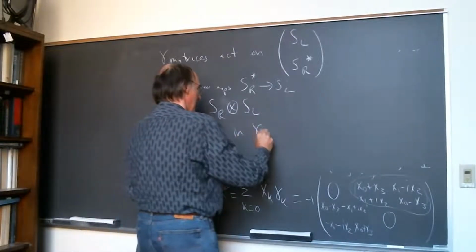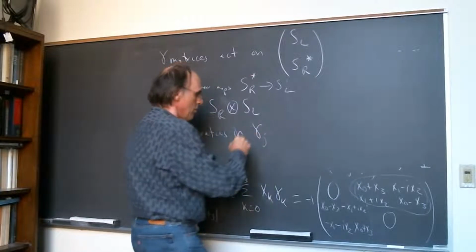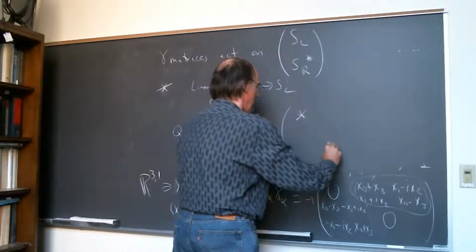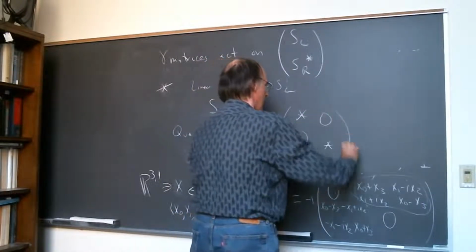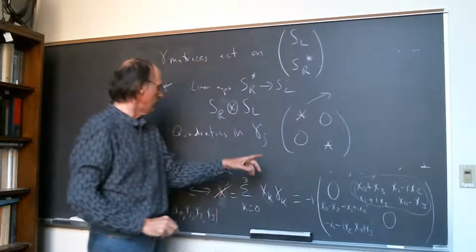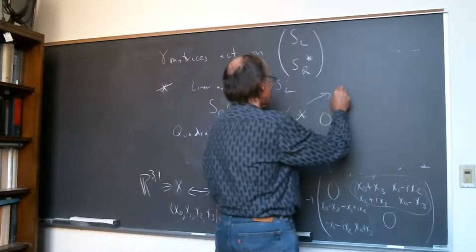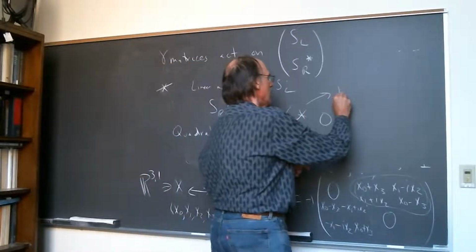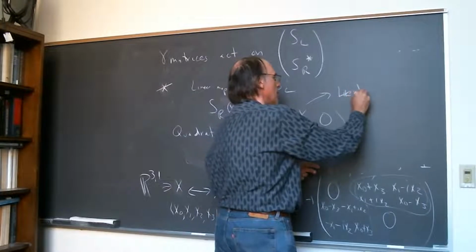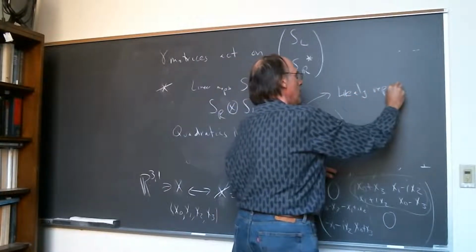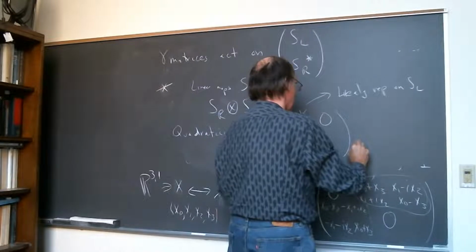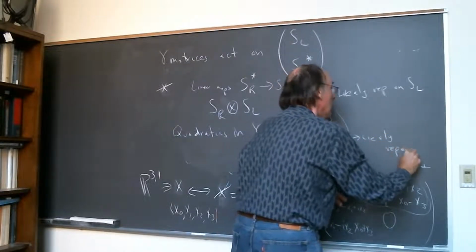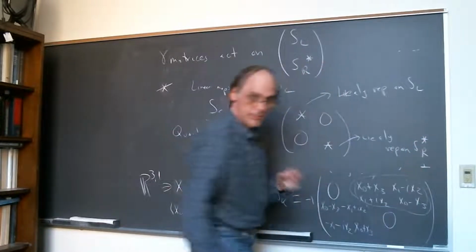in the gamma j, they give you things here, and this is the Lie algebra. On SL, this is... okay.